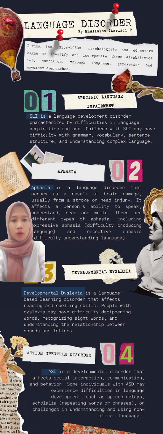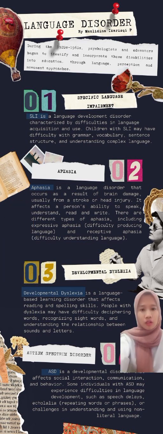The last is anomic aphasia, characterized by difficulty in finding and remembering words. Patients may have difficulty in finding the right word and using common words, or describing objects or concepts indirectly.